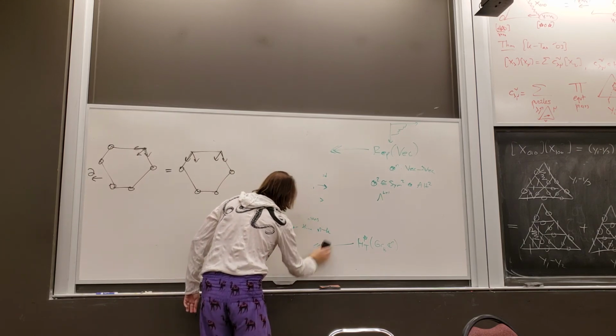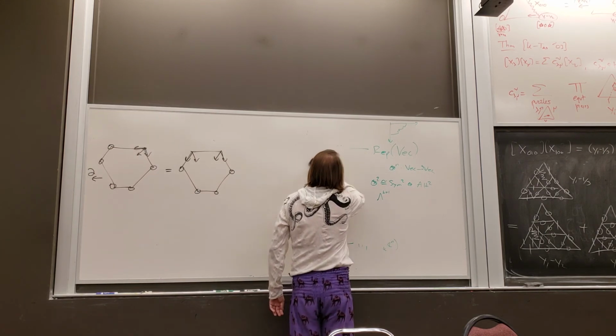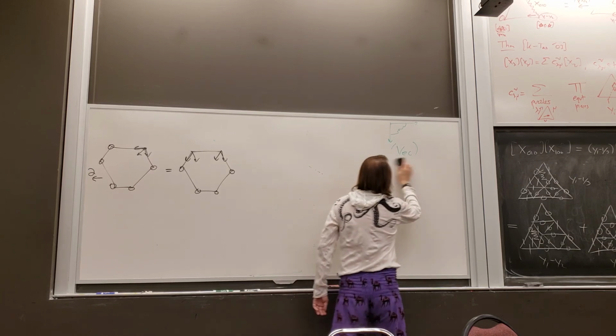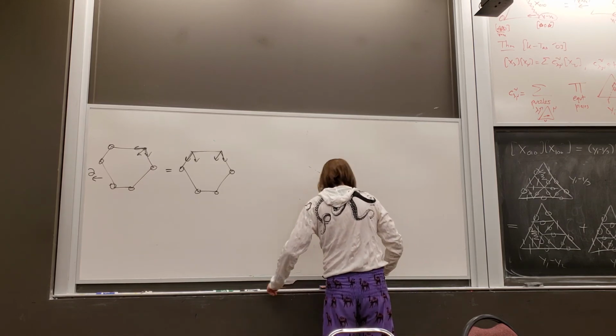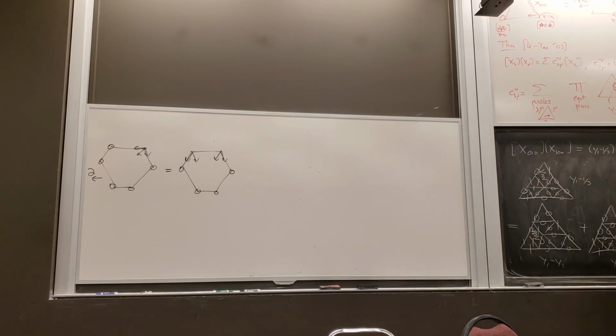So let me say what it's doing on Schubert classes. So partial I applied to a Schubert class X_{0 0 1 1 0 1 1 0 1}. There's 2 cases.